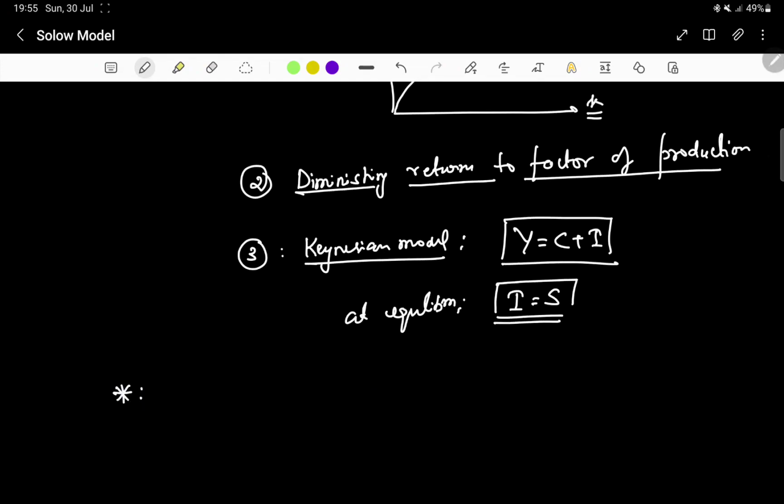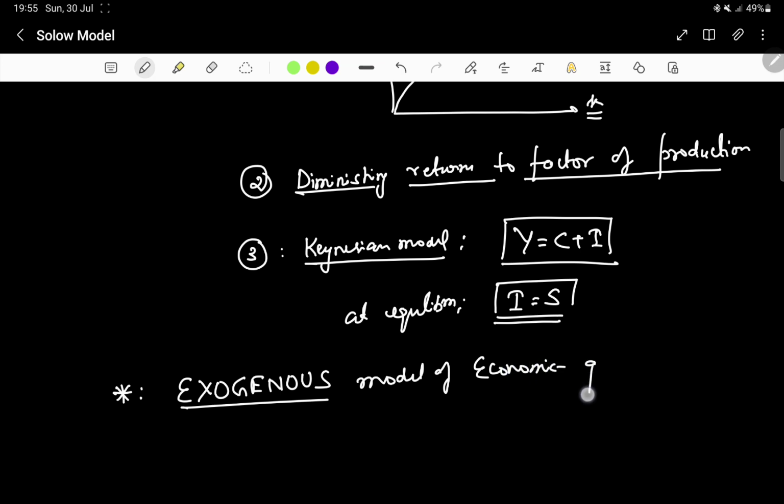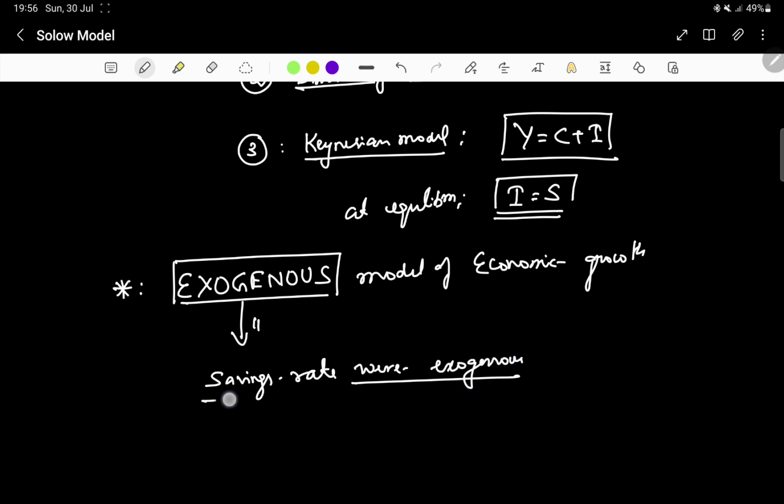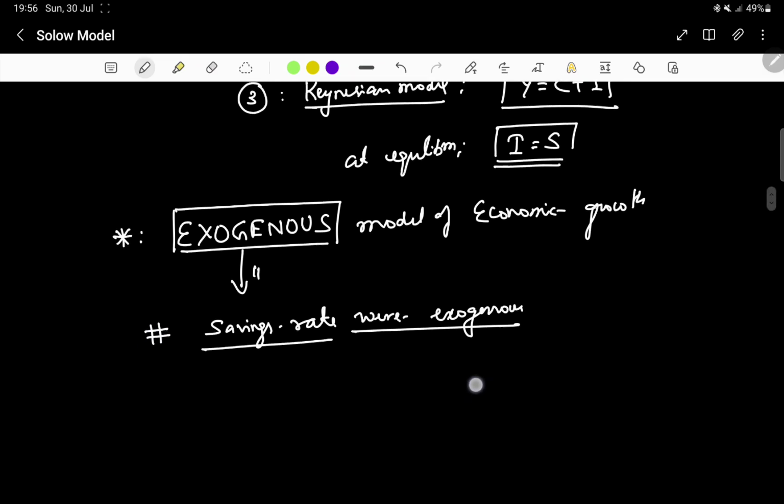The most very important thing that we need to look into is that it is an exogenous model of economic growth. What does this mean? Exogenous means the model's growth is exogenously determined because the saving rate was exogenous.